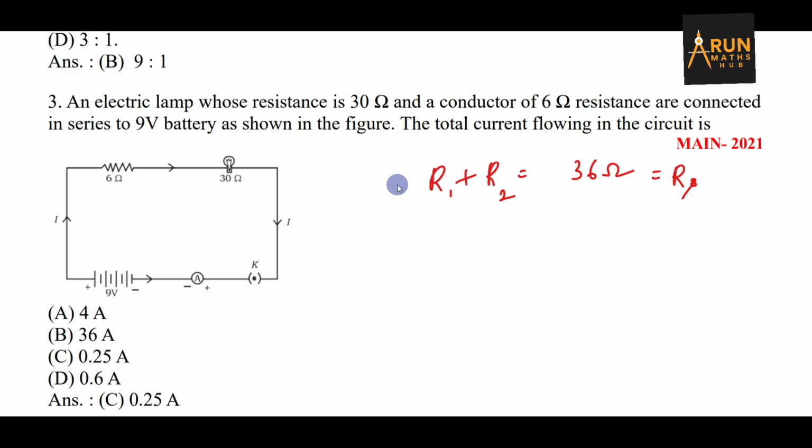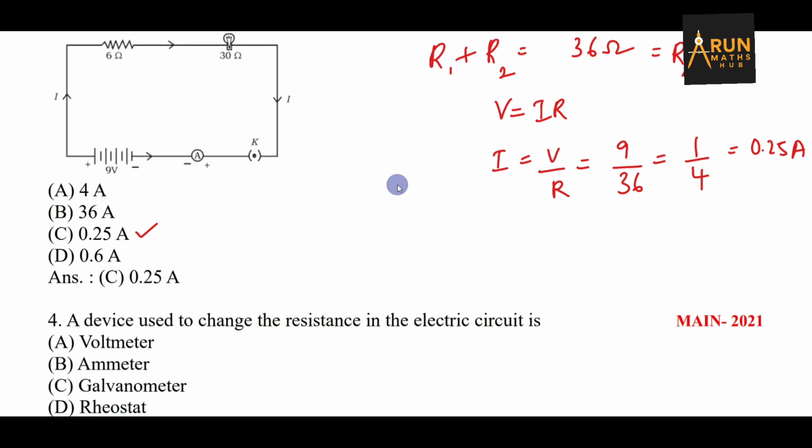Now using Ohm's law, V equals IR, I equals V by R. V is 9 volts. The total resistance is 36, which is equal to 1 by 4, which is equal to 0.25 ampere. Therefore the correct answer is option C.